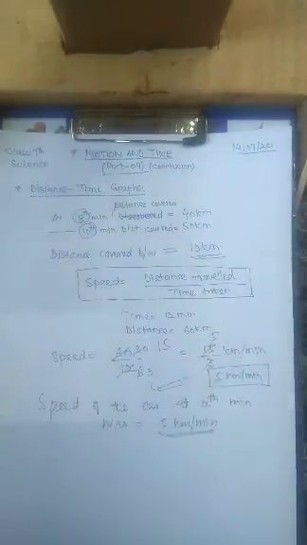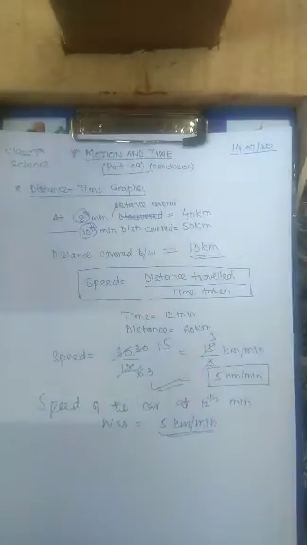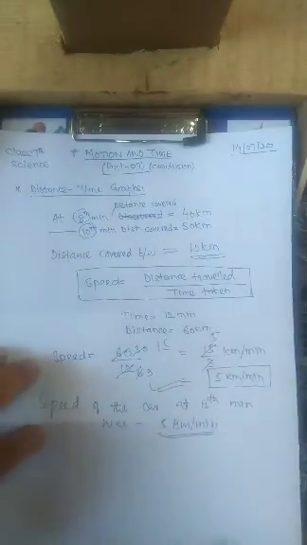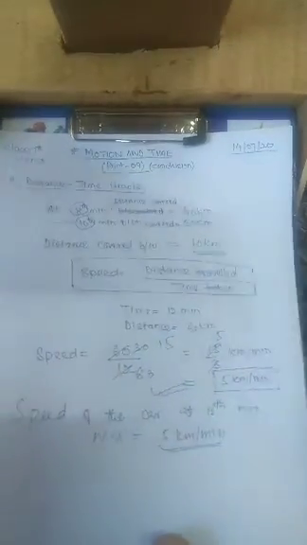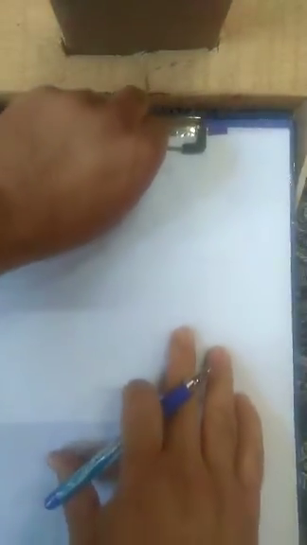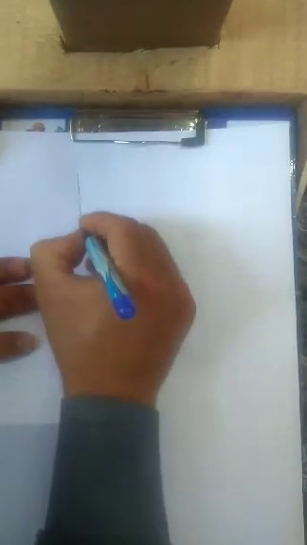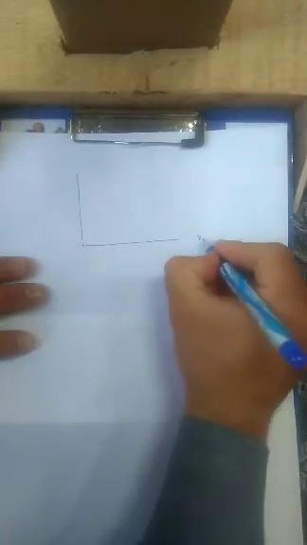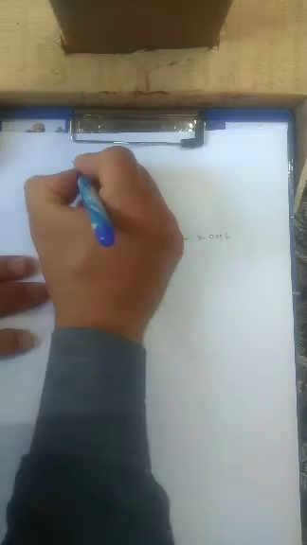Now I'm showing you some different graphs so that you can see the difference in the various types of graphs. Say for example, this type of graph is given. This is the origin. This is the x-axis and this is the y-axis.